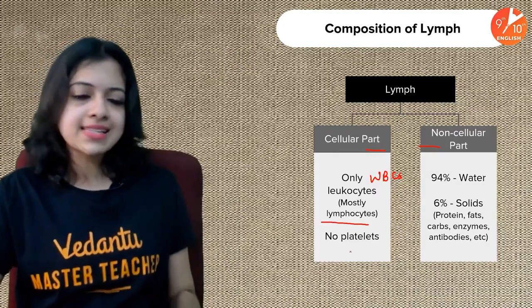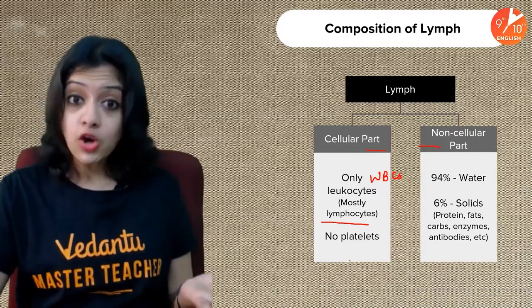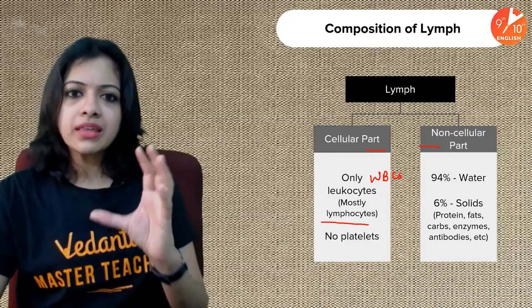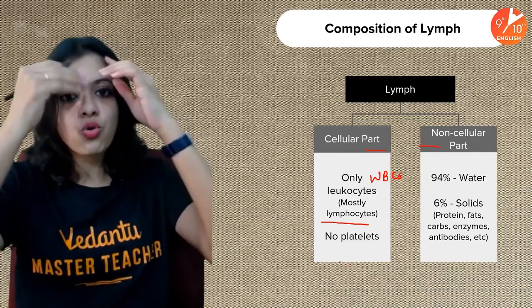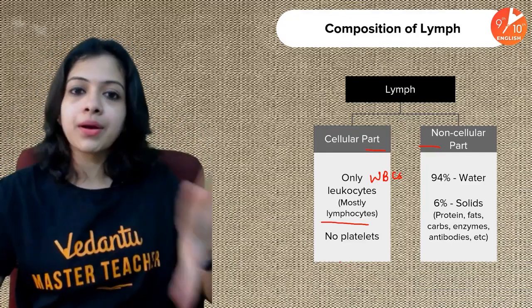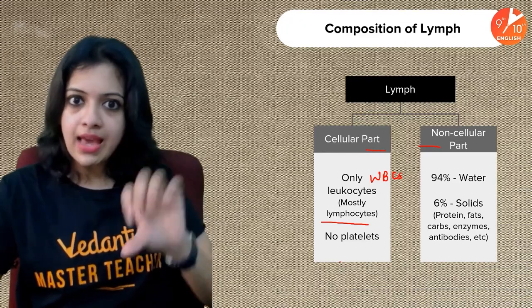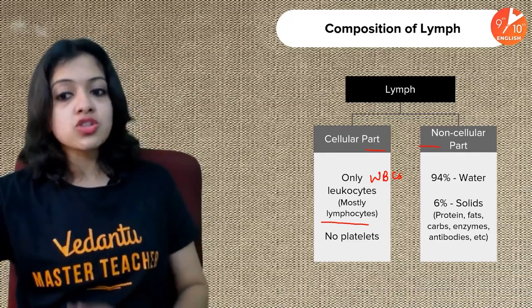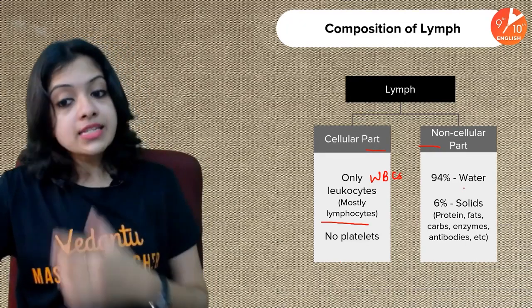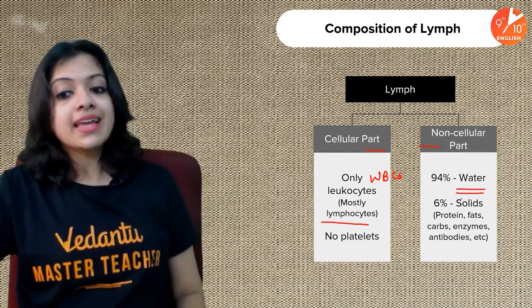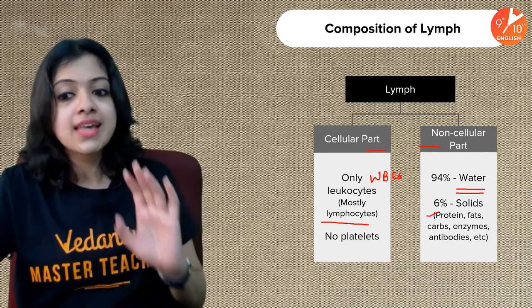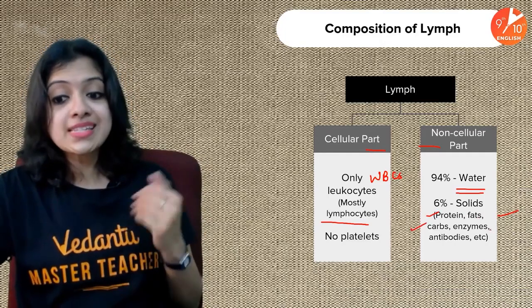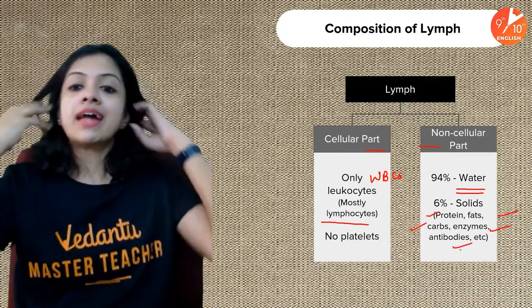There are no platelets either. Why is it so? Because as I told you, many of these components of the blood are too large to pass through the pores and escape the blood vessels. Coming to the non-cellular part of the lymph, 94% of it is water, and there are 6% solids, which is a mix of proteins, fats, carbohydrates, enzymes, antibodies, and so on.